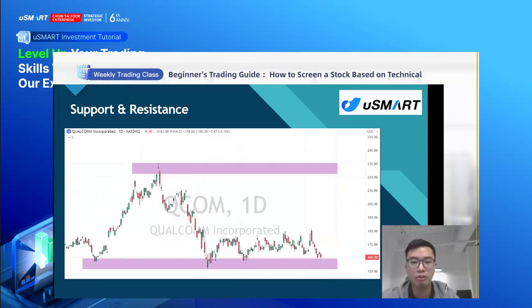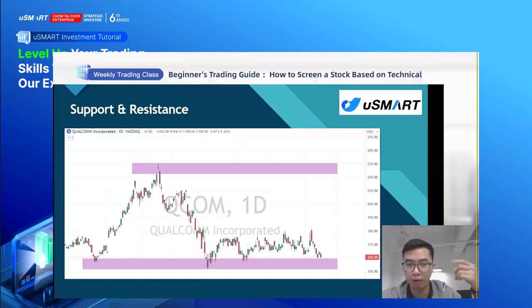Support and resistance is very easy. You can see that there are a lot of supports where, when the price hits a certain area, it tends to bounce up. So we can plot a support area. Actually, the support is not just one line, it's an area.